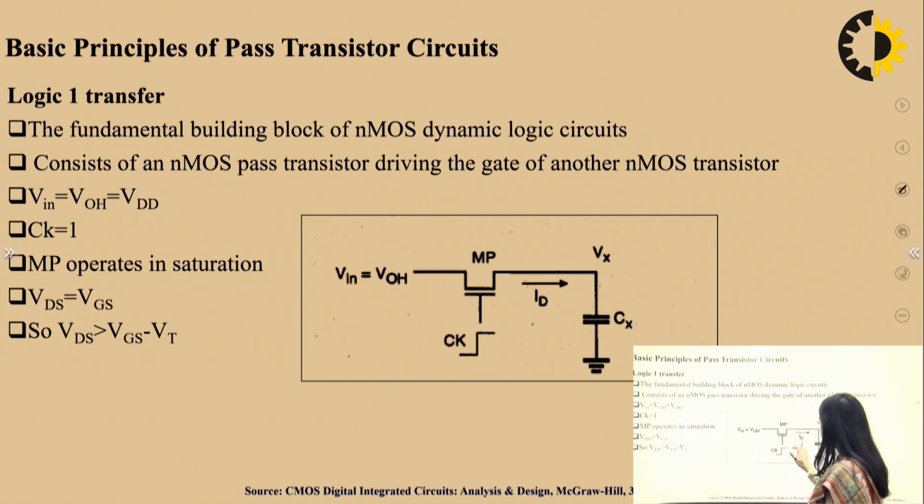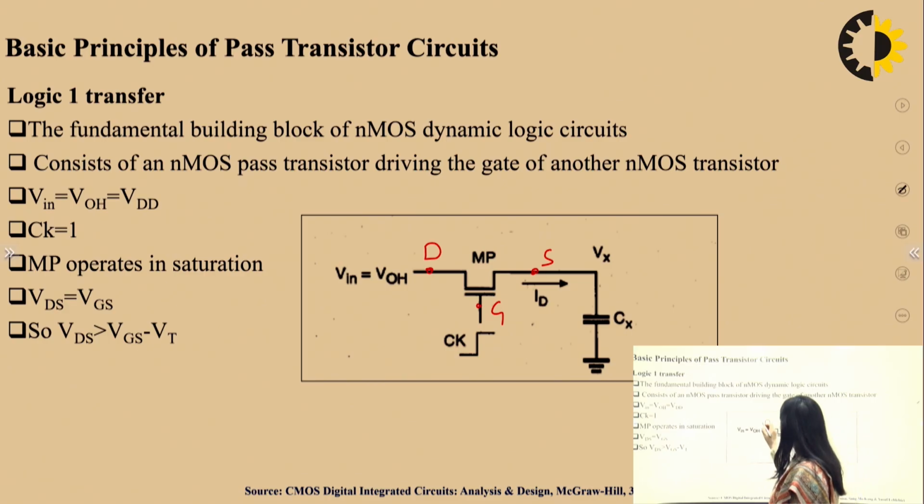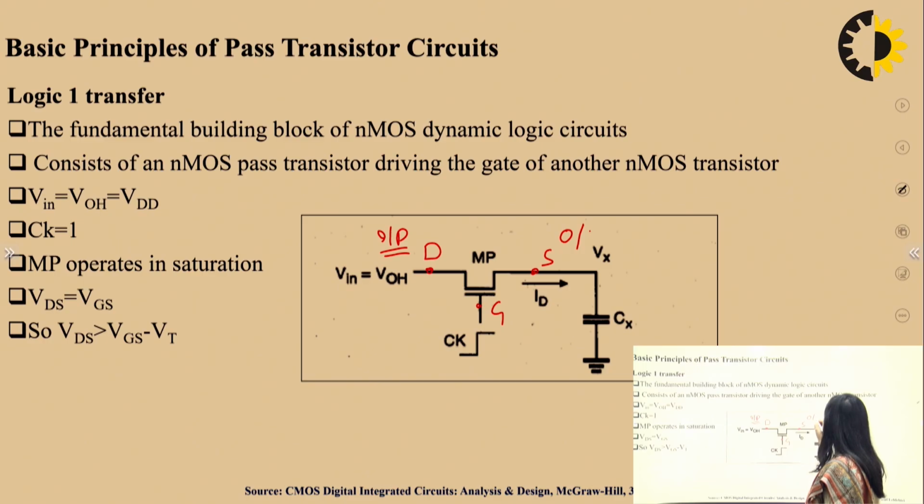So, this is an NMOS pass transistor, and here you can see this is the drain terminal, this is the gate terminal, and this is the source terminal. Here the input is applied at this node and the output is taken from this node, and this gate terminal is a control terminal, because this NMOS pass transistor behaves like a switch.